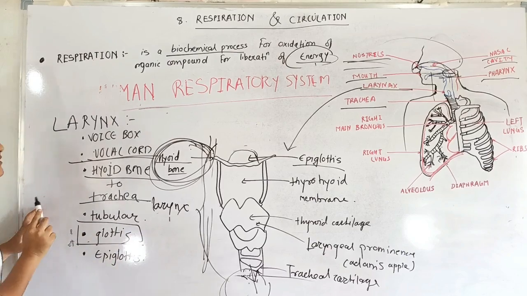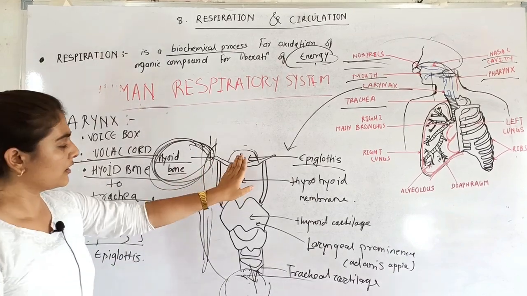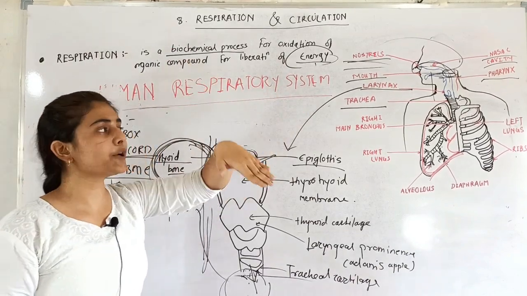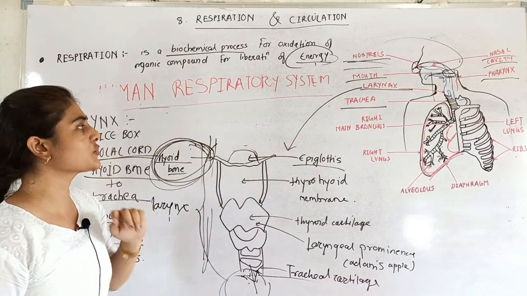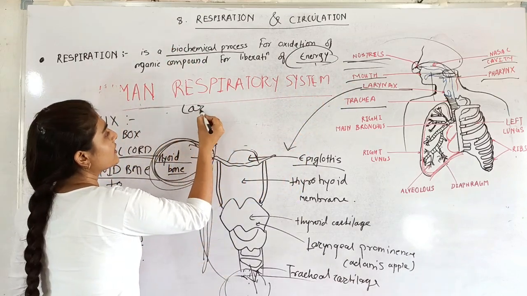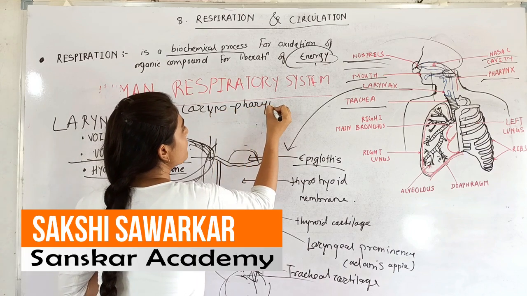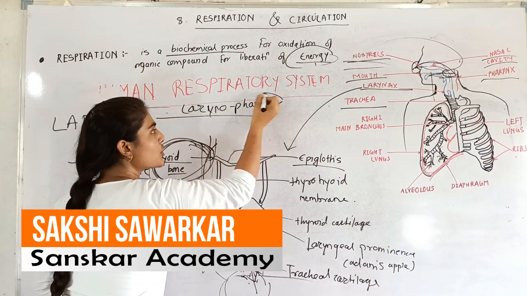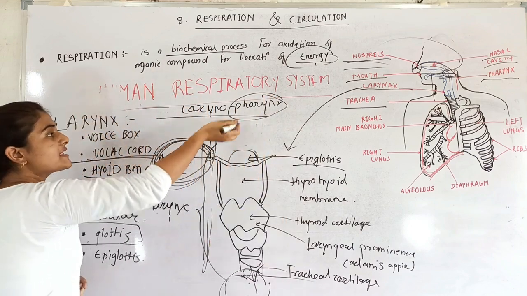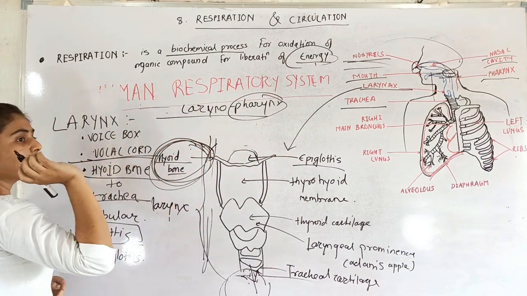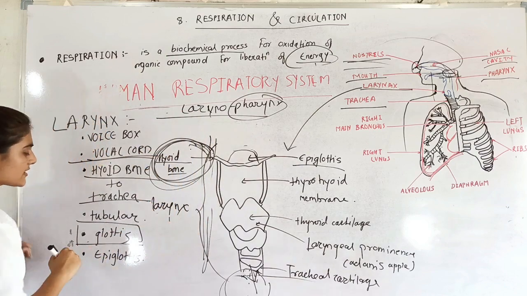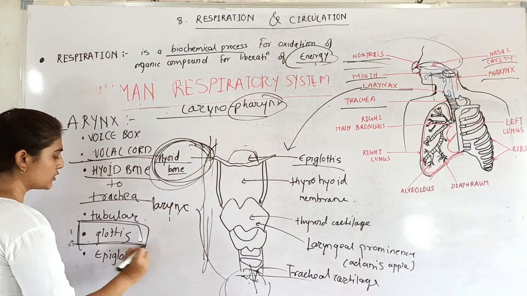The glottis is the opening of the larynx to the end portion of the pharynx. The end portion of the pharynx is the laryngopharynx, from which the larynx starts, and the opening from which the larynx starts is called the glottis.